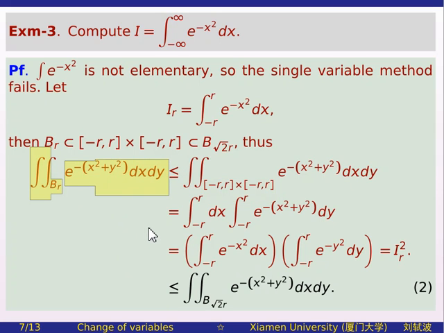We will compute this integral and consider what happens when R goes to infinity. We will prove that when R goes to infinity, both sides of this inequality converge to the same number. Therefore, I_R squared also converges to that number, and I_R to the square root of that number. Then this gives us the result we want.